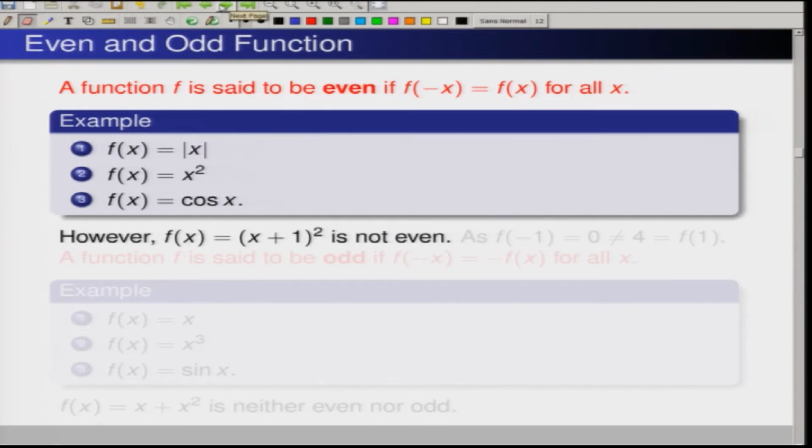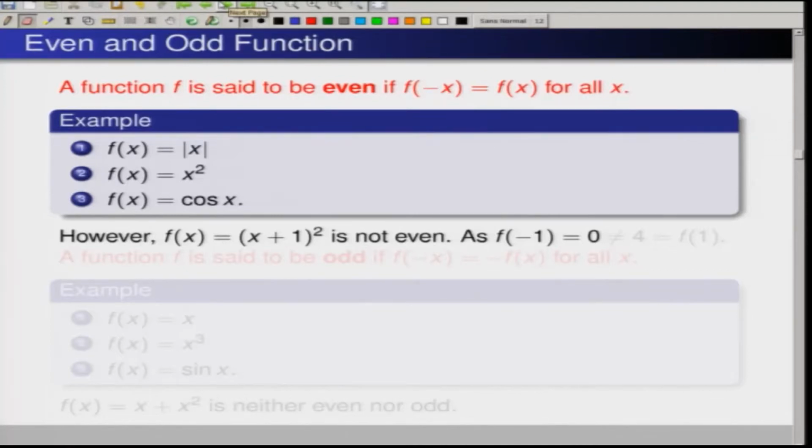However, if you look at f of x equal to x plus 1 whole square, this is not an even function. Even means f of minus x is equal to f of x, that means around the y axis it is symmetric.